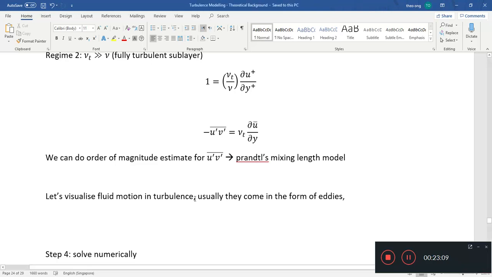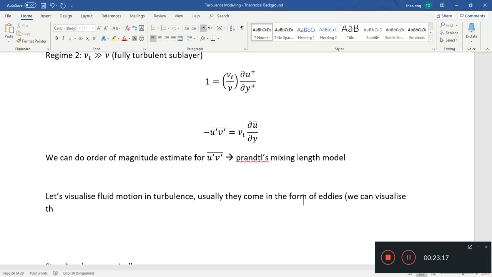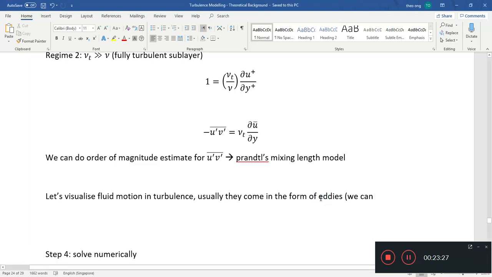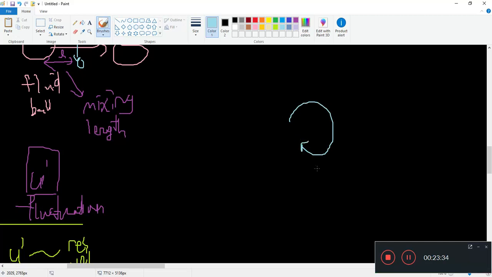When you see eddies in the fluid motion, we can assume that these eddies are actually packets of flow.